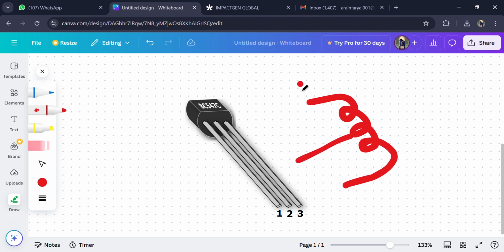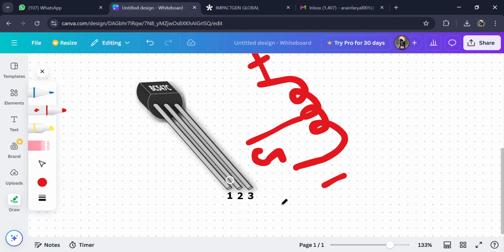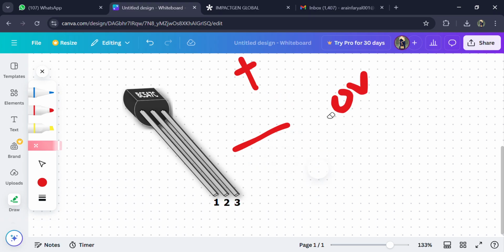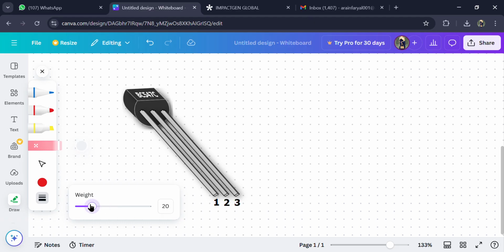Just suppose that this is the positive terminal, this is the negative terminal, and this is the ground. Ground is a spot where the voltage becomes 0. This is not part of the topic, but still people should know about the basic functionality of the 3 nodes.